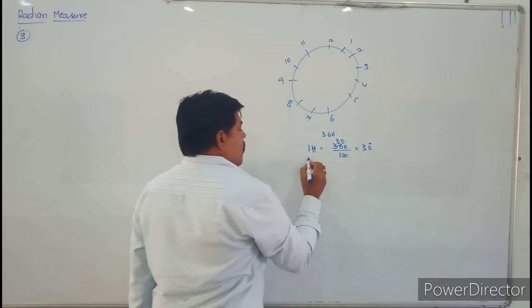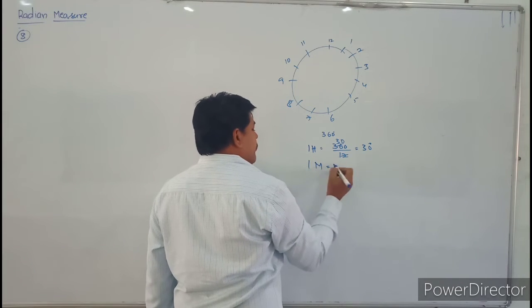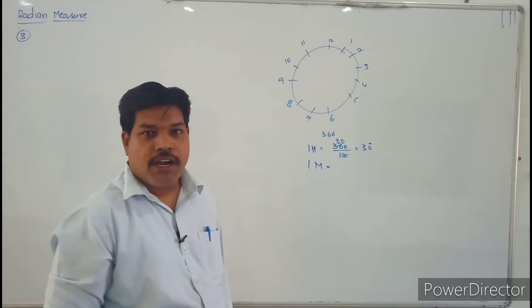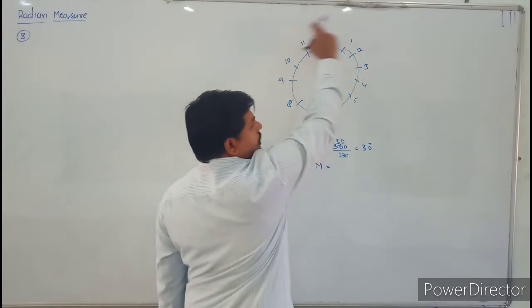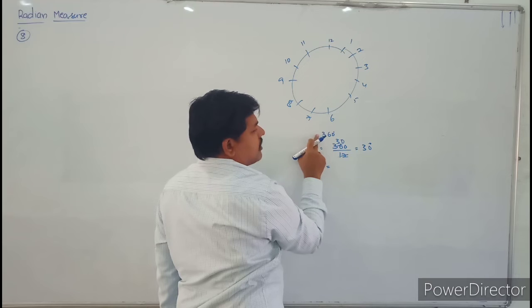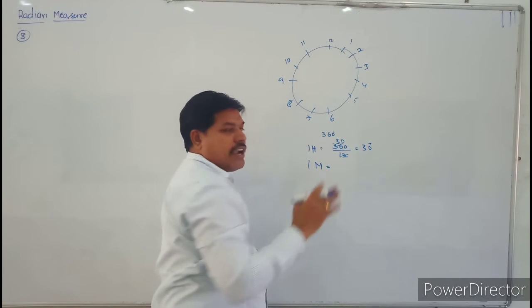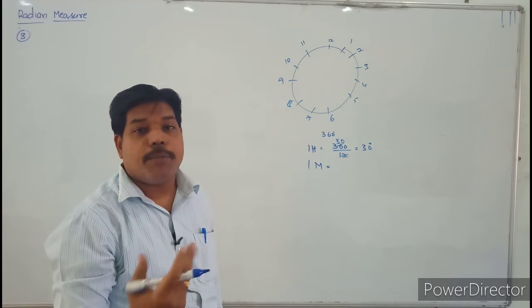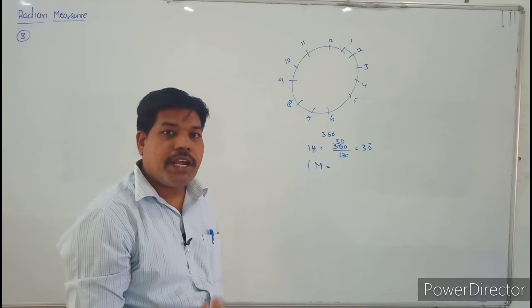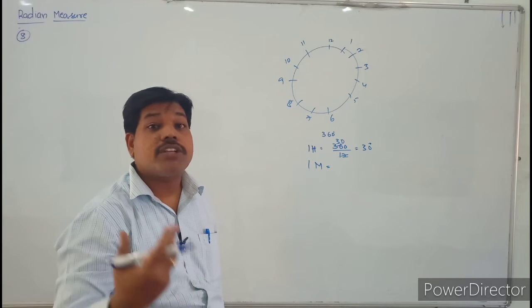And also, what is the meaning of 1 minute? The total revolution is nothing but 360 degrees. The total minutes we divide into is 60 minutes. Yes or no? 360 degrees is divided into 60 minutes.